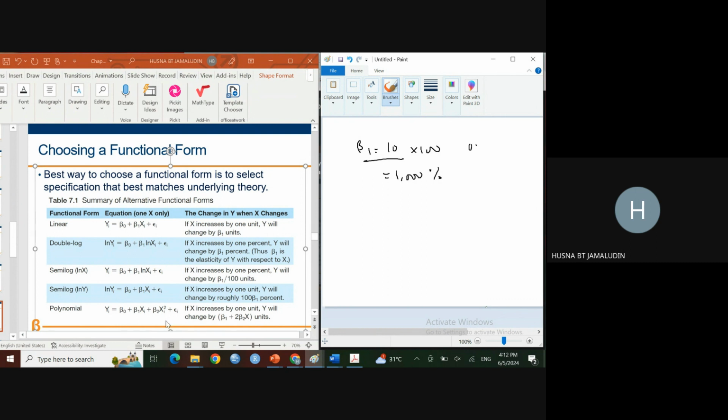So this is how you want to interpret the quadratic form. Basically, you are trying to differentiate the function. That's it. So this is the summary of interpretation given different kinds of functional form.